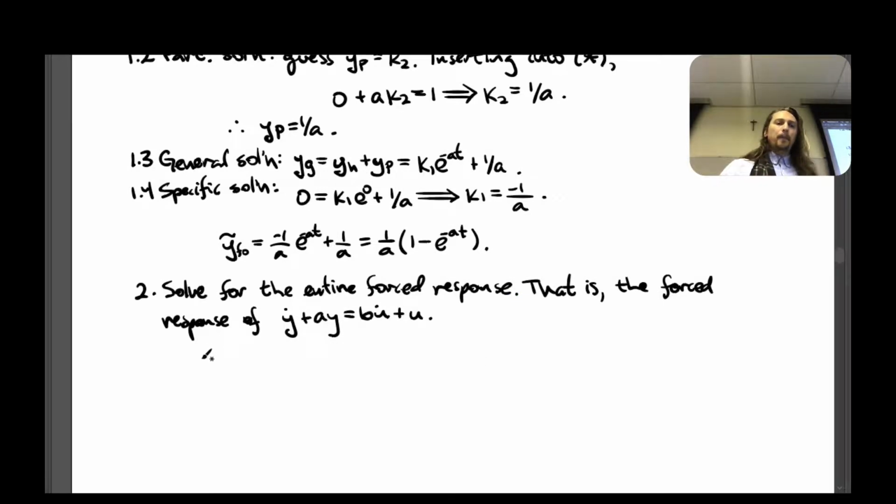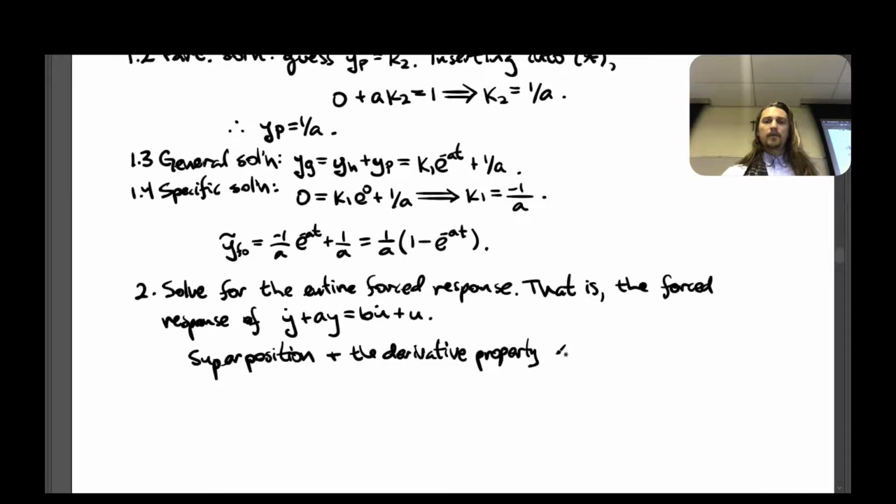So we can say that superposition and the derivative property of LTI systems imply, in this case, that the output that we found, the forced response that we found here to the simpler problem, will form the forced response of this input to the entire system.